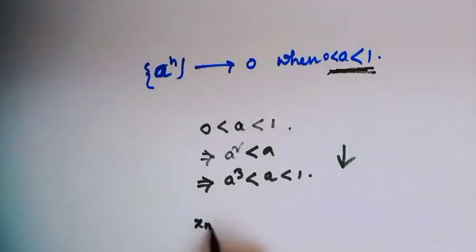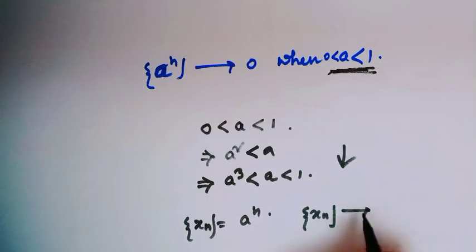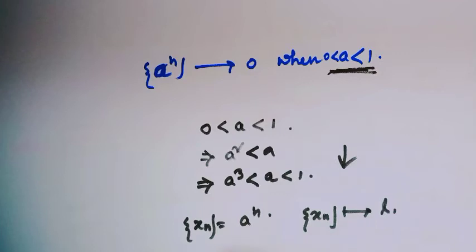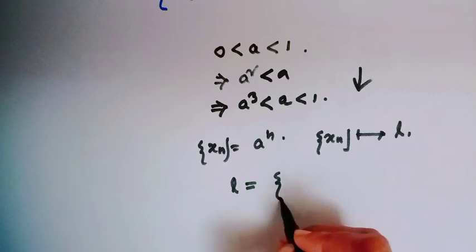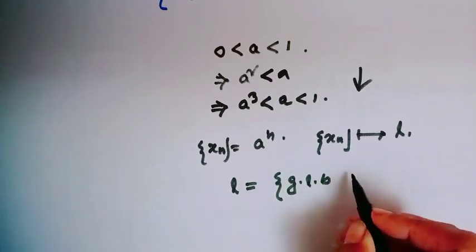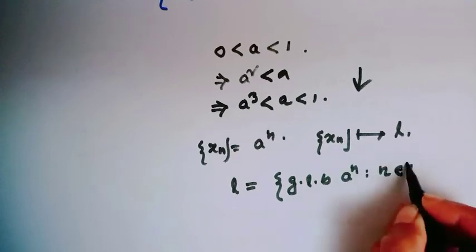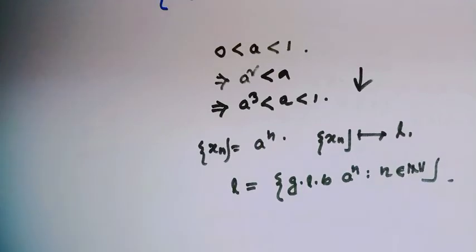If xn equals a to the power n, then since this is a decreasing sequence, this sequence will converge to L. And what is the value of L? L equals the GLB of the sequence a to the power n, where n belongs to the natural numbers.